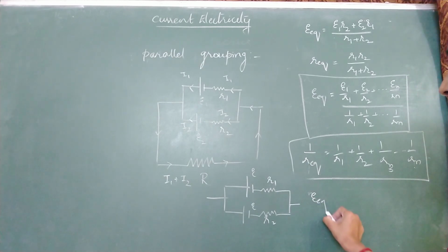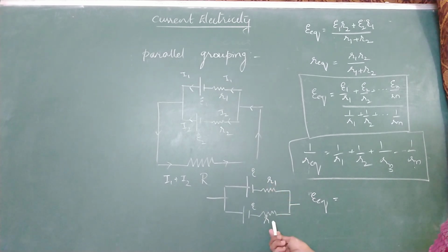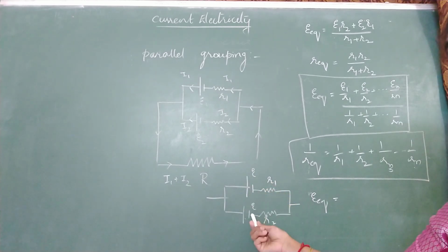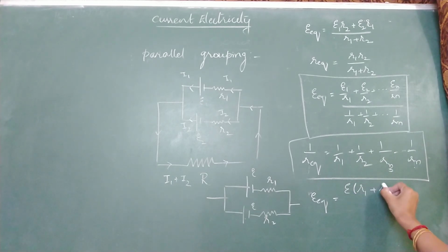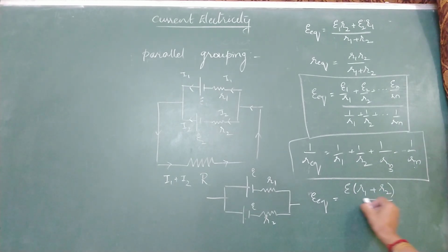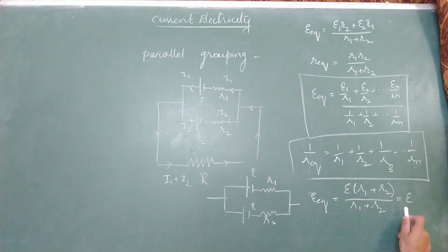So what will be your E equivalent for this combination? This time resistors are different but EMFs are the same. So you get E into R1 plus R2 divided by what? R1 plus R2. Is your answer the same as E? It is the same as E.